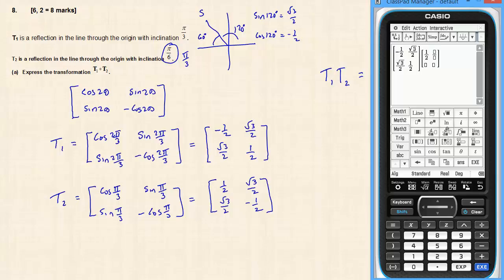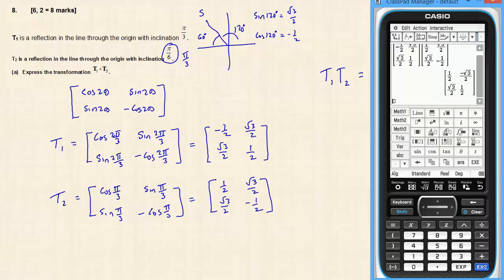So that's going to be root 3 over 2, and then this one here is going to be root 3 over 2 as well. And finally here we're going to get negative 1/2. And then we just want to execute that.